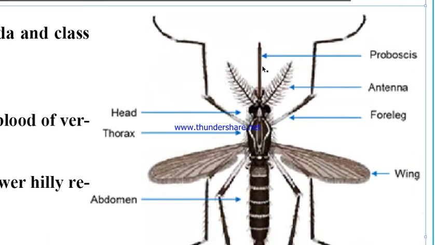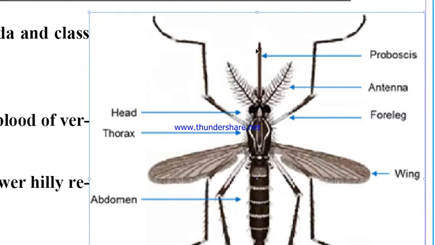Then after piercing the skin, the labia will lay down on top of the proboscis, and that will make it look like a tube. That will form a tube, and through that tube it will suck up blood. And to prevent the blood from clotting, it also releases saliva.